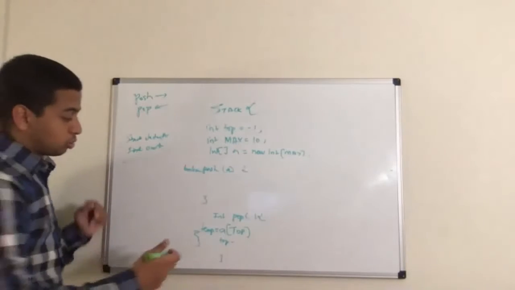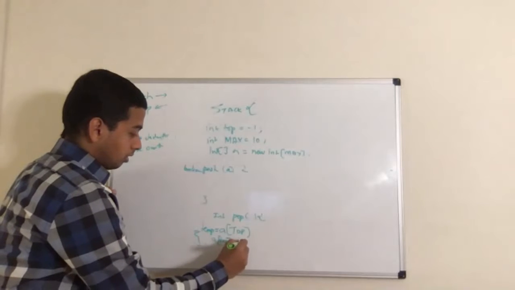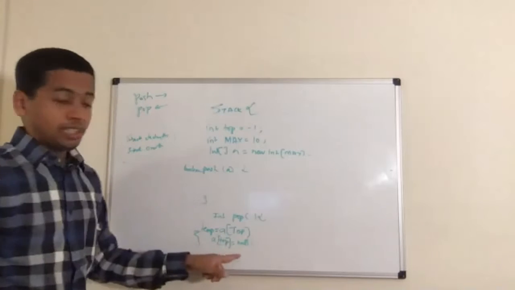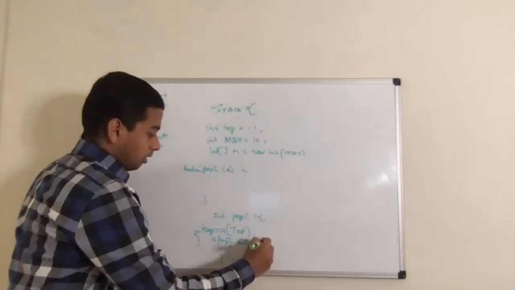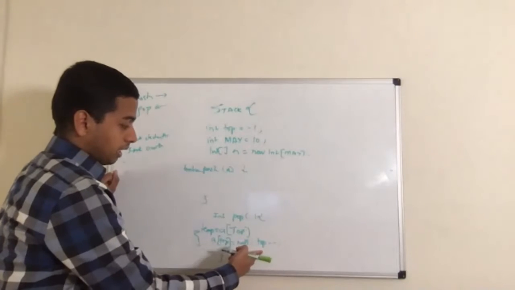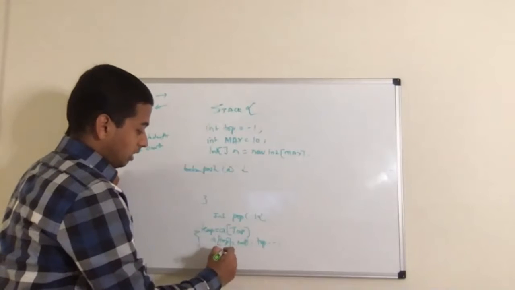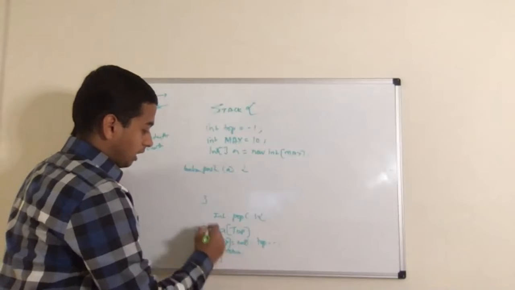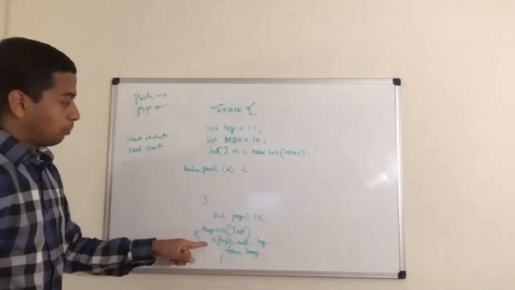Before that, I can also make A of top null, which means I'm removing the element from the array. It is optional. Then I do top minus minus. Now the temp value contains the topmost value, so I can return temp. This is the pop operation.